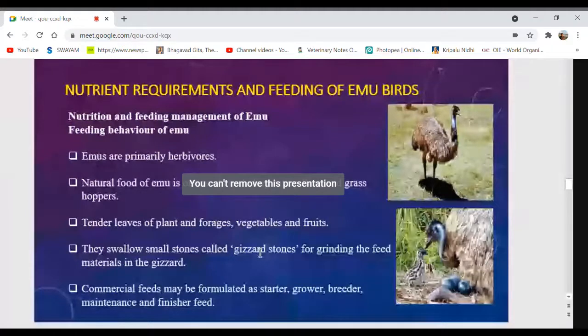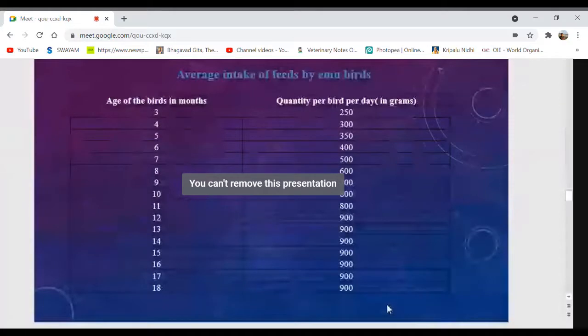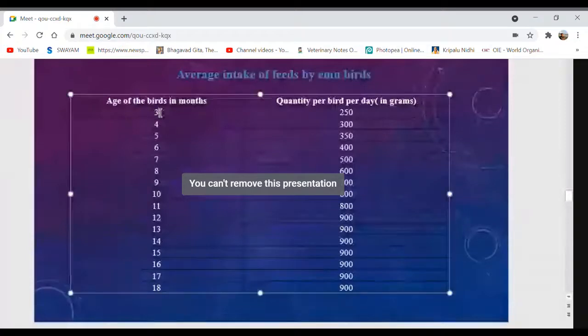Commercial feeds may be formulated as starter, grower, breeder, maintenance, and finisher feed. You can formulate rations, starter ration, grower ration, and layer ration for the emu birds also. Average feed intake is very high. At 3 months, which means 12 weeks, it is 250 gram.